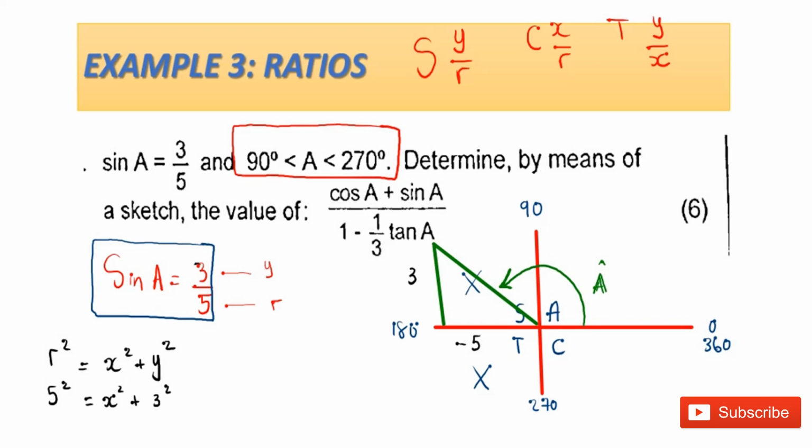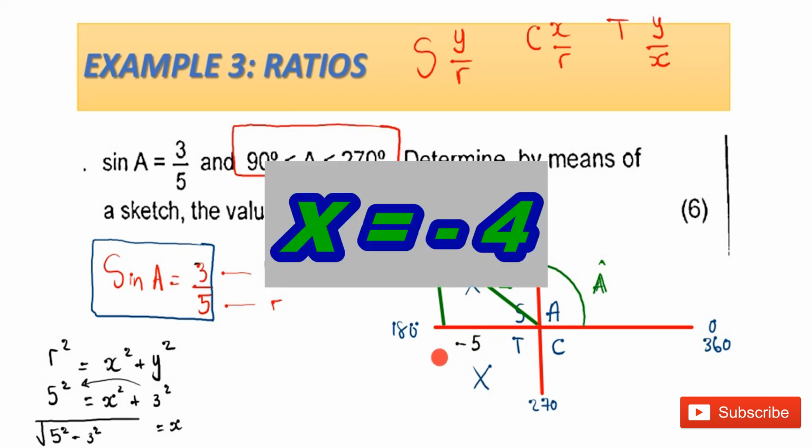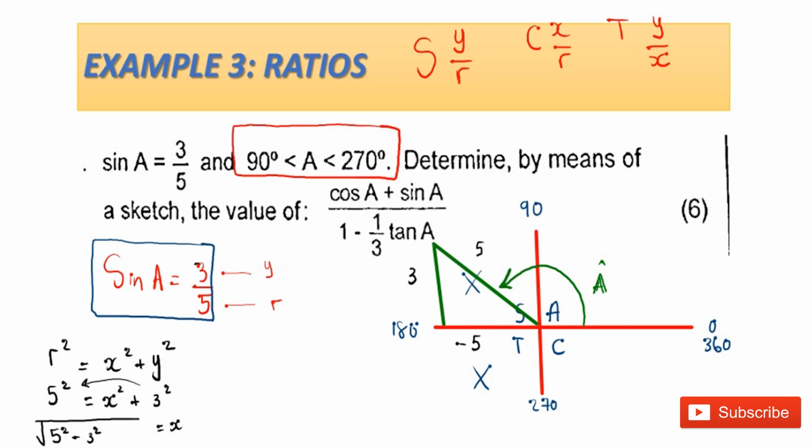You make x the subject of the formula, so you have 5 squared minus 3 squared, which is equal to x squared. So we've got the value of r, the value of x taking into consideration the sign, and the value of y. Now we're going to substitute x, y and r into this formula to calculate the required value.